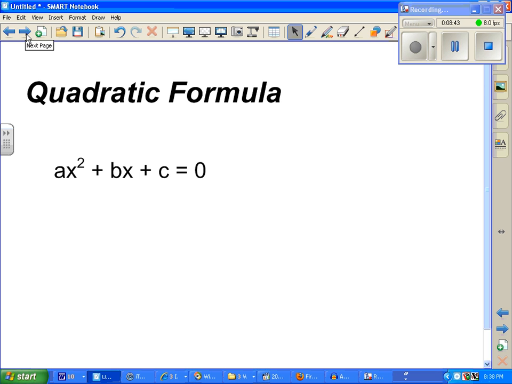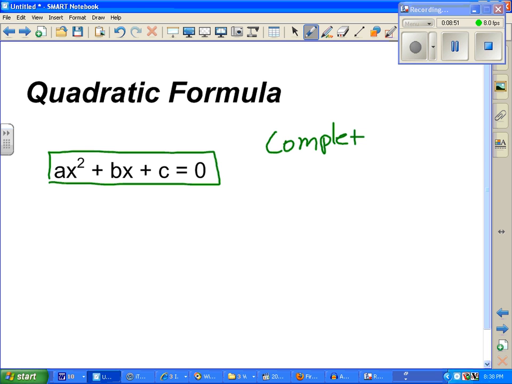Next thing was the quadratic formula. Remember, this is where it comes from. It comes from the general form, and it comes from completing the square with the general form.